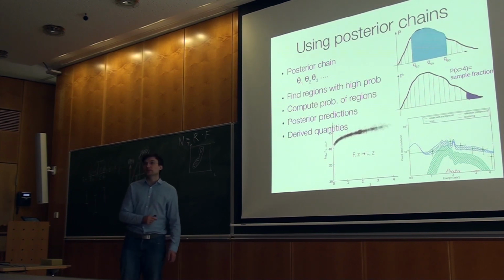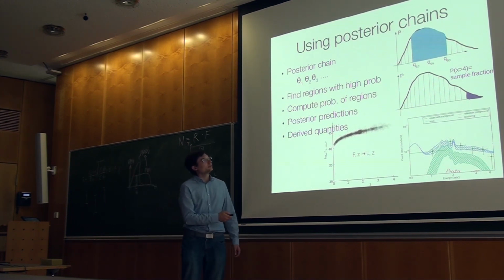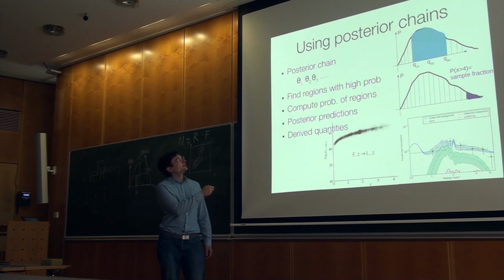And if you have these samples, cool things you can do with them is, you can make histograms, which then approximate the probability distribution. You can make quantiles of these chains, of the visited points.